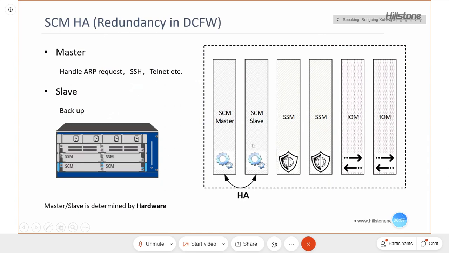In this picture, as you can see, this is our data center firewall, and we can deploy two SCM and two SSM to form a group to provide high availability. The master SCM will help to do the overall system management.